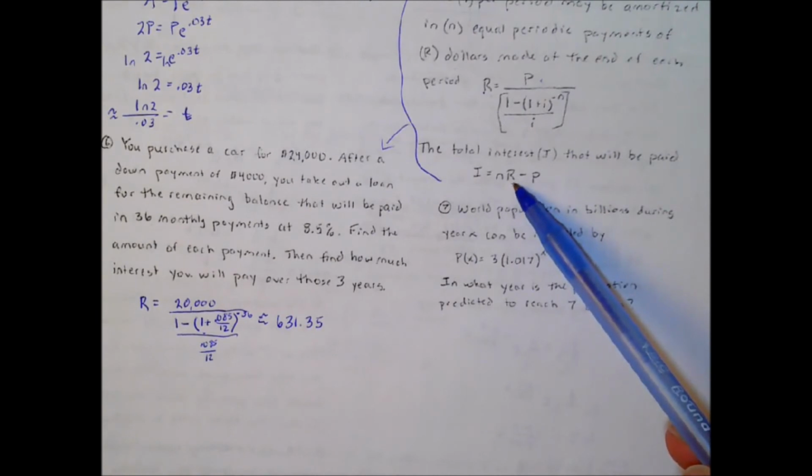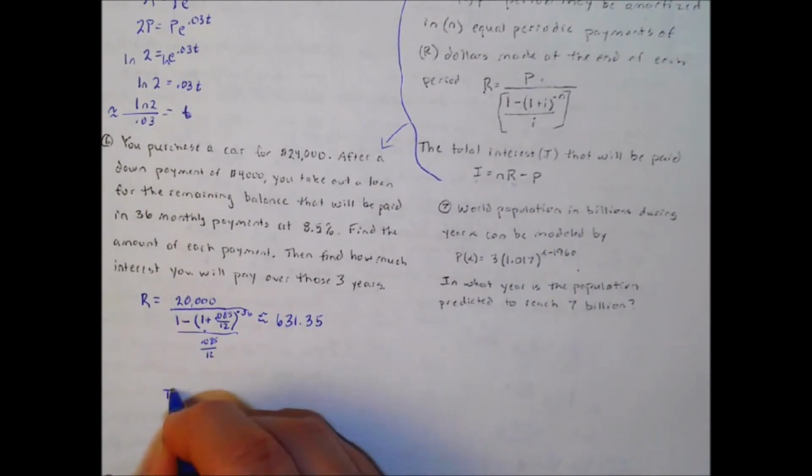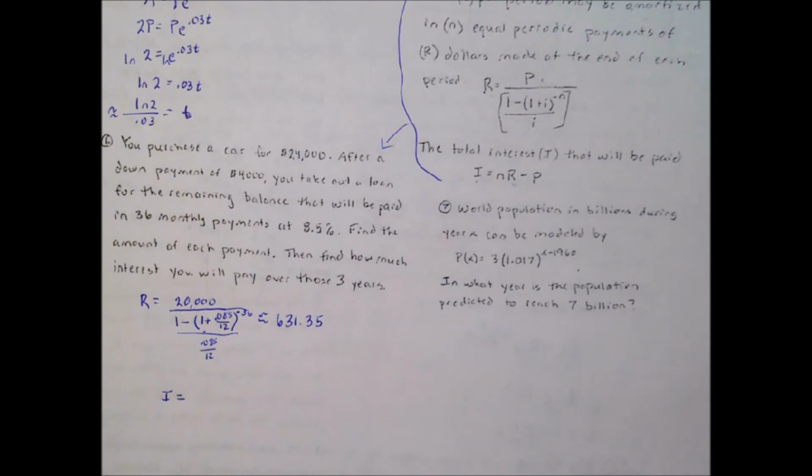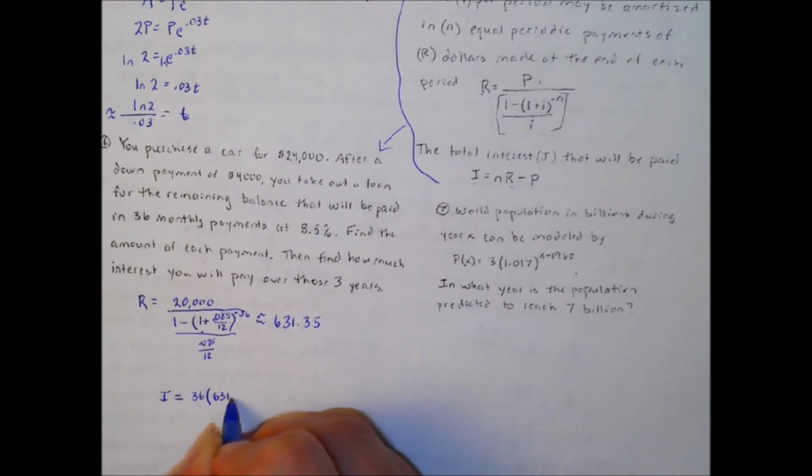So we would pay, interest is equal to how much we've paid out minus how much we owed, right? So what we paid out for 36 months, we paid out $631.35.